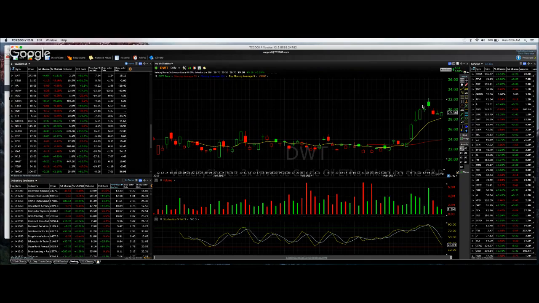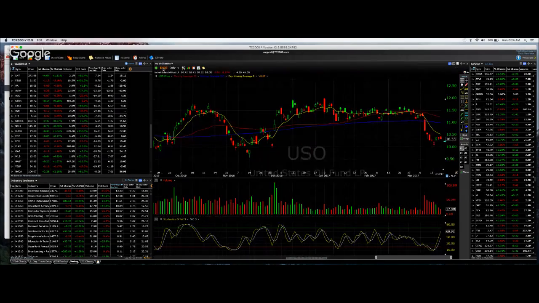So we could enter right in here if this holds today. If it stays at 29.38, 29.25, probably above 29 here, or moves up to about 30, then we'd have the play. And this 32 here basically corresponds to what we were looking at in terms of 9.50 on USO.